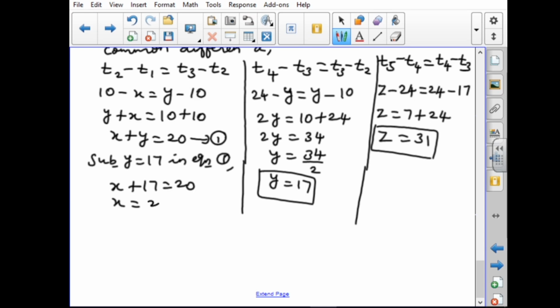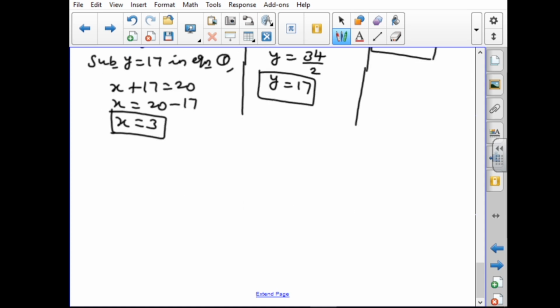So, x equal to 20 minus 17. So, x equal to 3. Now we have got all 3 values of x, y, z. At last, you have to write the answer. Therefore, x equal to 3, y equal to 17, z equal to 31. That's all.